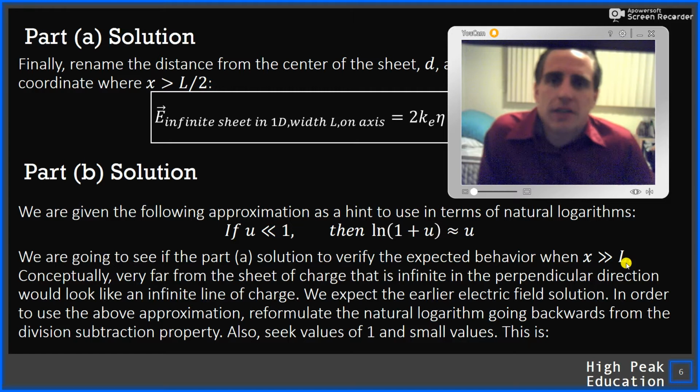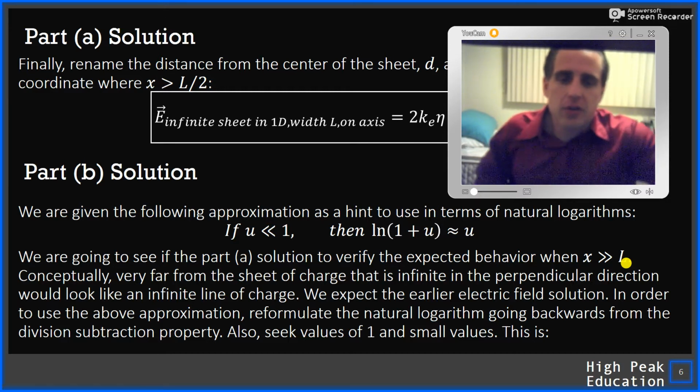So conceptually, let us think about this. If we're very far away from the sheet of charge, then x is much, much larger than L. There's this sheet that goes infinitely in one direction, but has a very finite width.